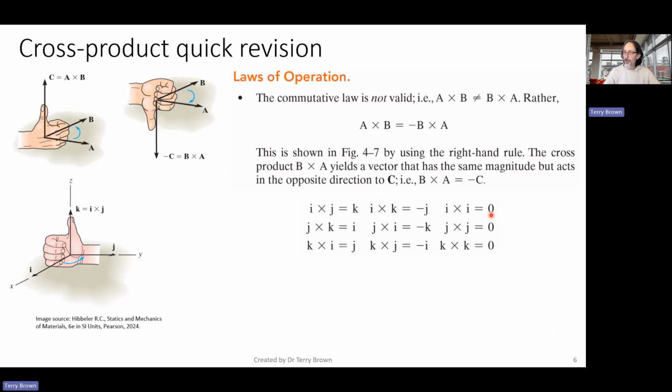So I cross I, J cross J, K cross K, all equal 0. Now you can remember which way to go to get a positive or negative answer by using this circle. So if you go I, J, K, and you go around the circle anti-clockwise, so I cross J gives you positive K, J cross K gives you positive I, K cross I gives you positive J.